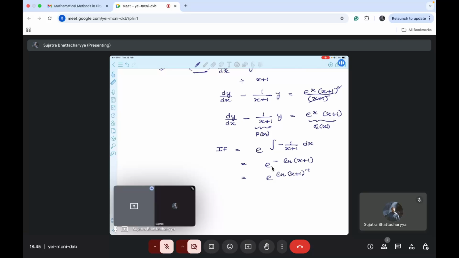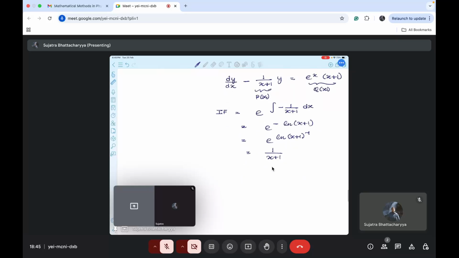So e and log are inverse of each other. So it will be 1/(x + 1), that is (x + 1) inverse. So 1/(x + 1) will be the integrating factor for this particular equation.